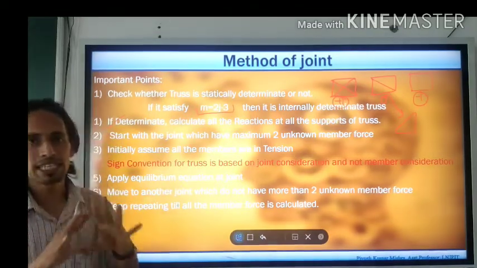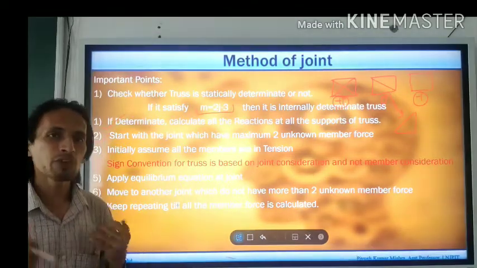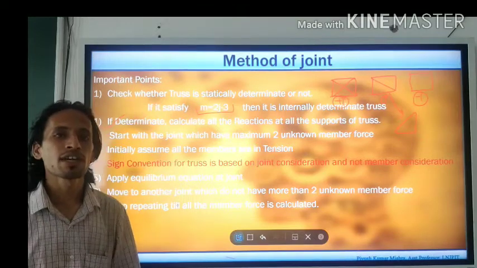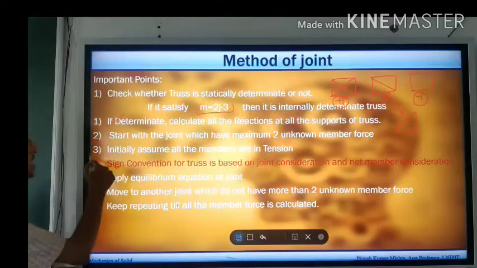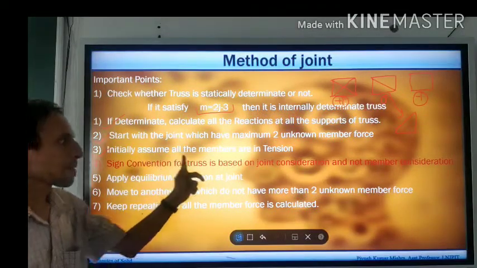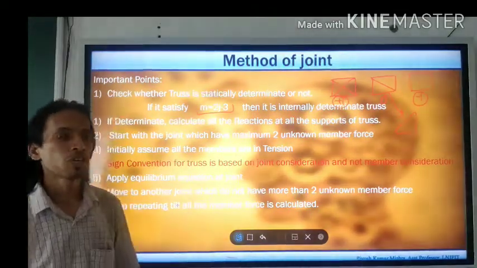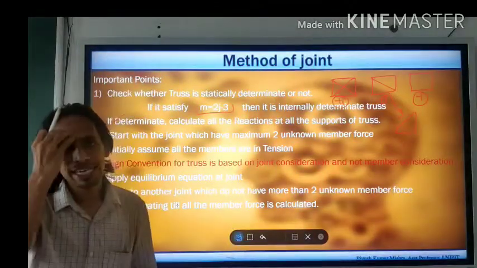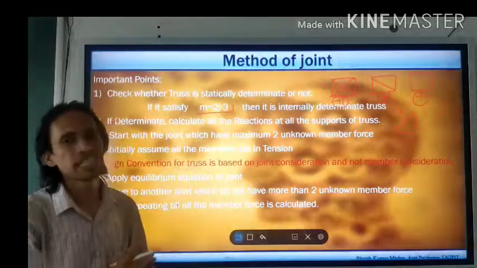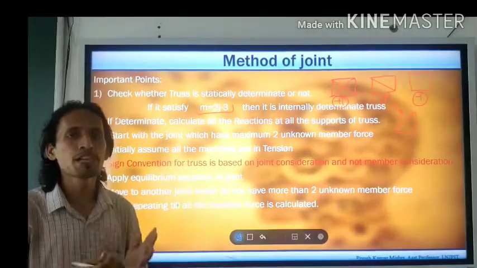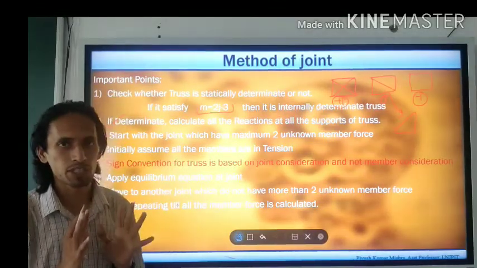You can assume anything initially, start solving, and later on you can correct them. So initially assume that all the members are in tension. You can also use compression, but it is always easier if you go with tension, and people usually follow the tension assumption.